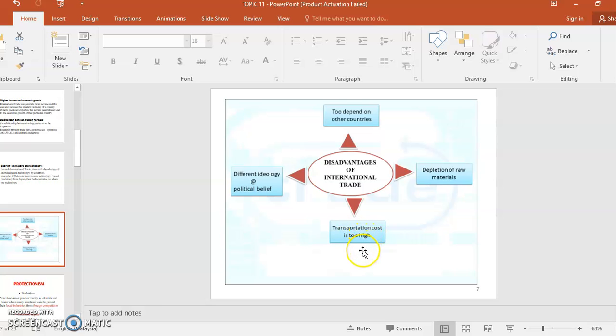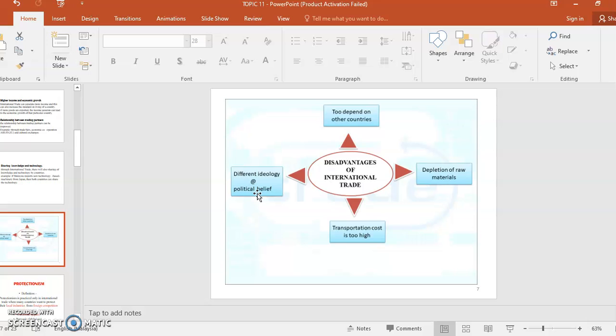And also it involves the cost of production. Cost of transportation is too high, because when the producer wants to export or import their product, it involves the transportation costs, and the cost is more expensive lah. And in terms of different ideology or political belief, this is the difference.